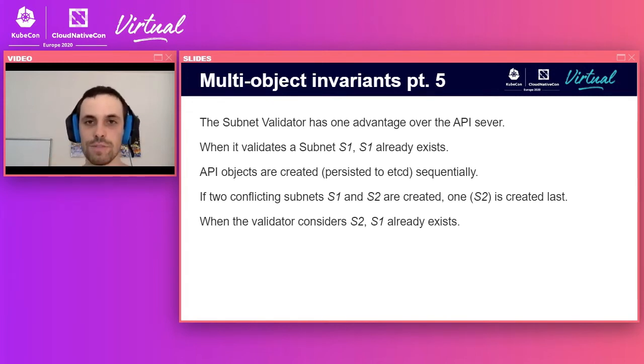So if two or more conflicting subnets are created more or less at the same time, one of them is actually created last. And so when the validator validates that second subnet that is created last, we're guaranteed that the first subnet already exists. And so when the validator processes the second subnet, it will see the other conflicting subnet because it was created first. And this will make validation of the second subnet fail, which is exactly what we want.